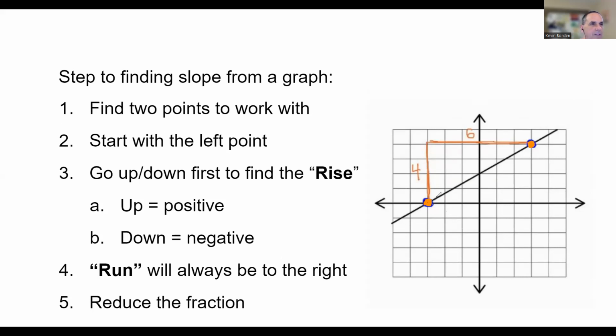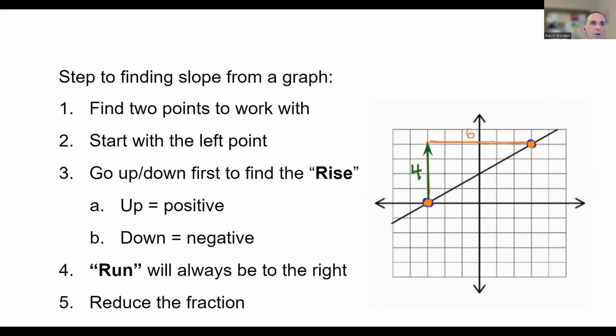After that, we want to start with the left point. And from that point, I'm going to use my arrow tool here and change my color once again. If we have to go up, we're going to call that a positive number. And we have to go up 1, 2, 3, 4 units here. That's why the number 4 was written here. We went up 4.